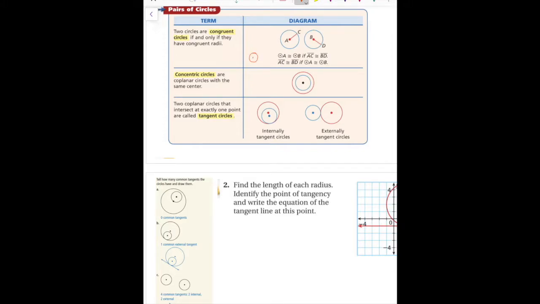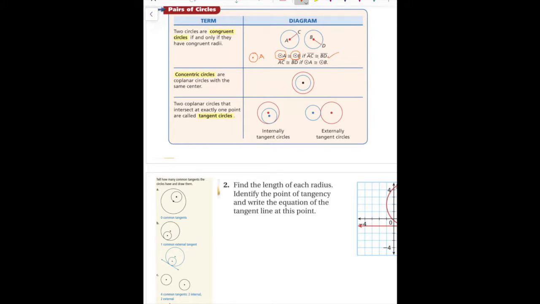They put a circle and a center, and the name of the circle is the name of that center, which is A. So you read it as circle A congruent to circle B if segment AC is congruent to segment BD.